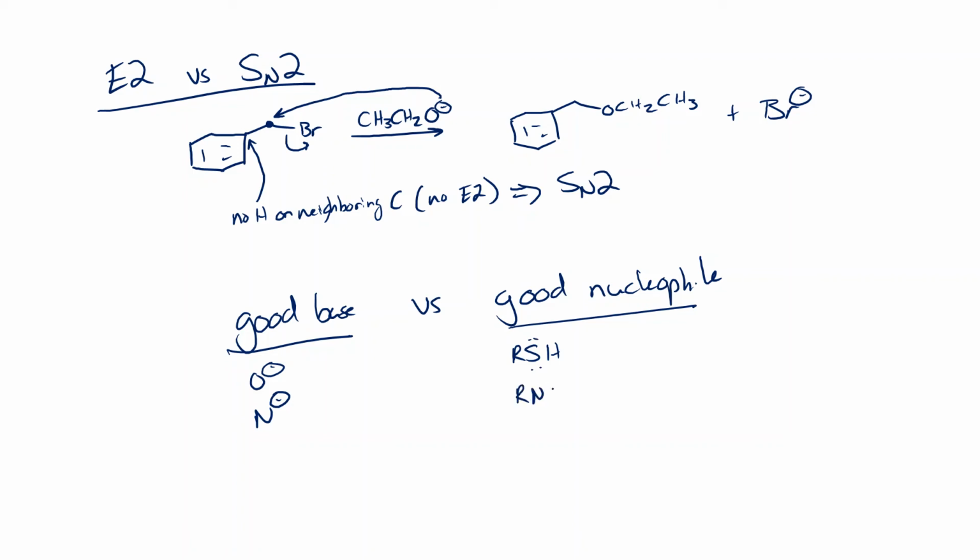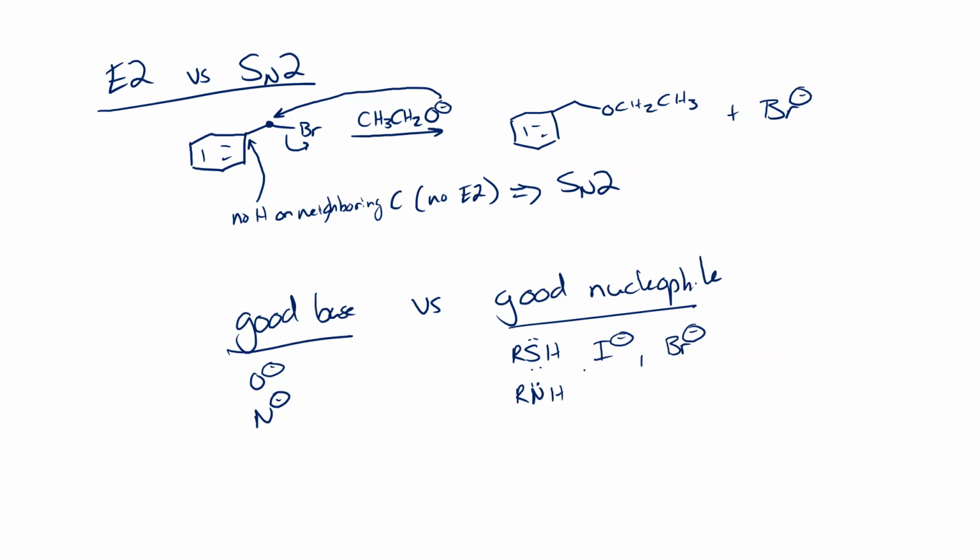Neutral nitrogen tends to be a good nucleophile, although nitrogen is an okay base too. Nitrogen is kind of in this in-between area here. And then things like I minus is a very poor base, but a very good nucleophile. Br minus is a very poor base, but a very good nucleophile.